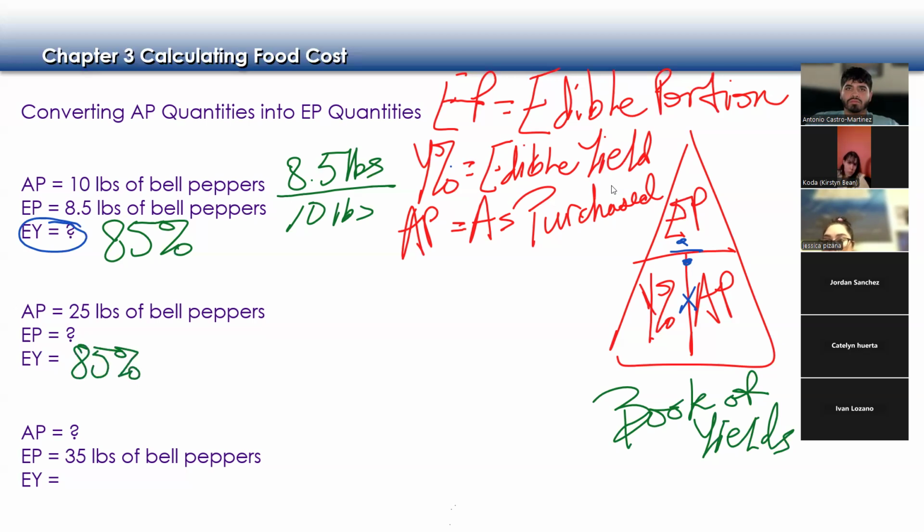If I did 85% for 10 pounds, then I should have 85% of 25 pounds. So if I'm looking for my EP, cover that up, and what's left over? Edible yield times the AP. So I'm going to multiply my edible yield times 0.85, and I'm going to get what? 21.25 pounds.